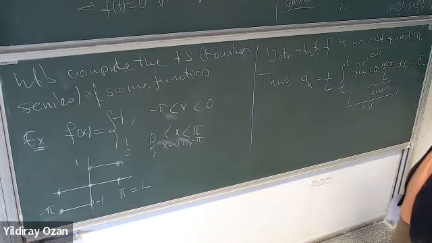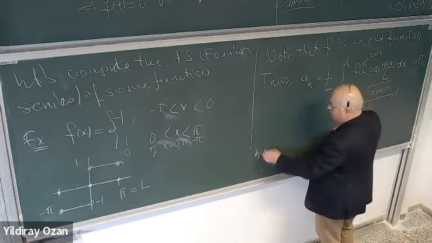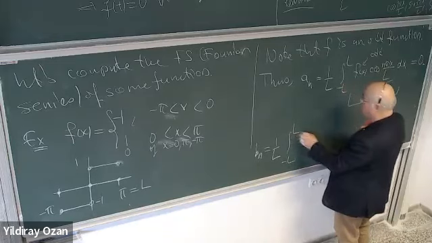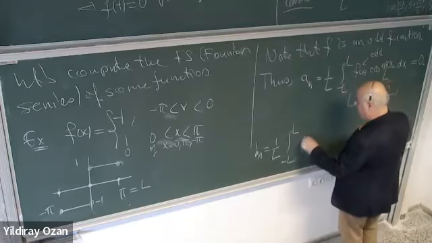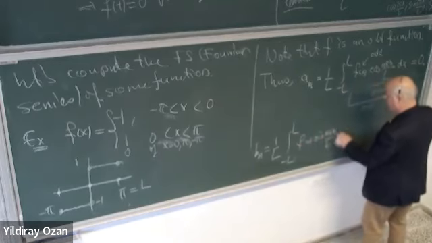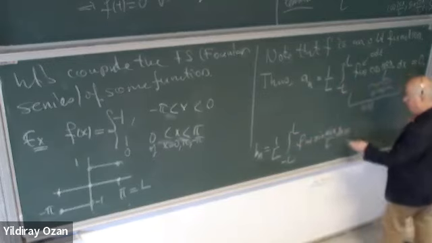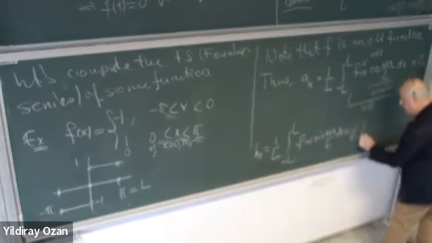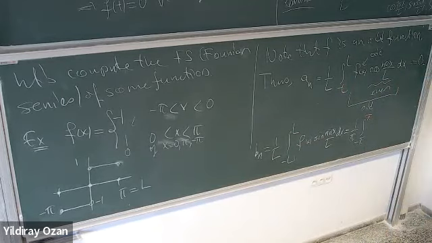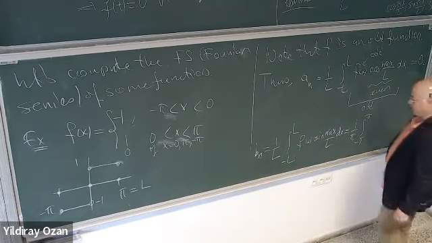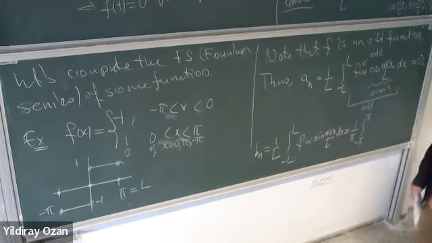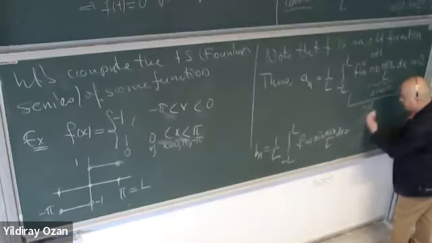Okay. What about bn? Well, bn is just 1 over L times the integral from minus L to L of f of x sine n pi x over L dx. Actually, L is just pi in our case, minus pi to pi. Now, this time, we can make a simplification.